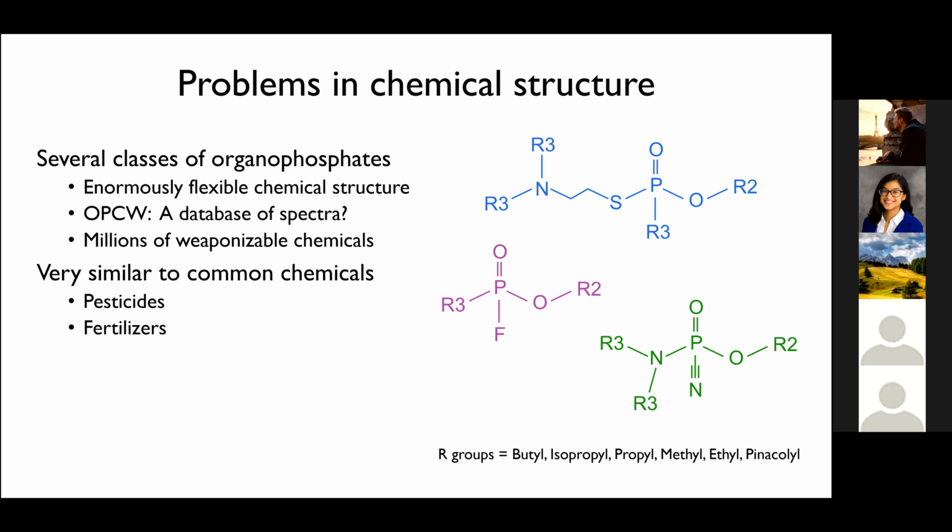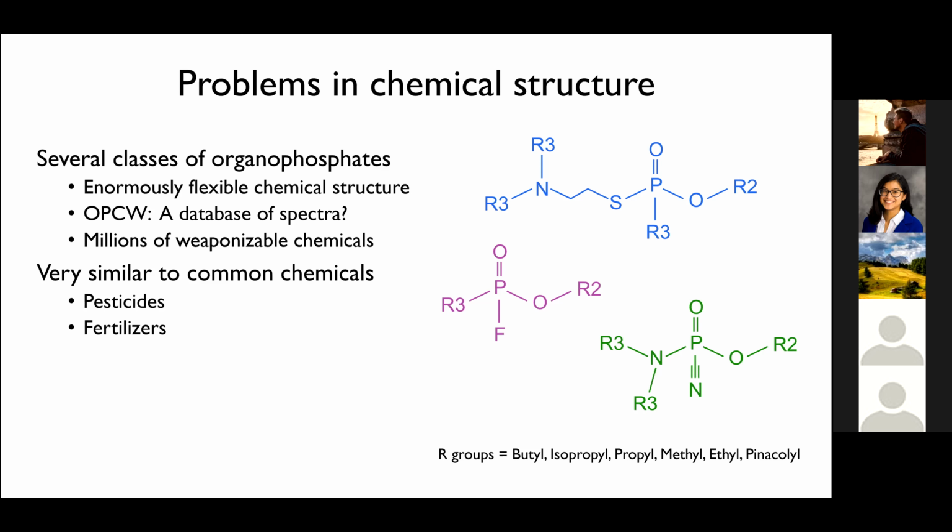However, there are over 1 million different types. On top of that, you can't just say any organophosphate is a weapon. Some are used as pesticides, very important for crop yields in developing countries. There are also a lot of organophosphate type materials, or very similar structured things that have the same composition, that are fertilizers. I have some examples of those molecules up there.